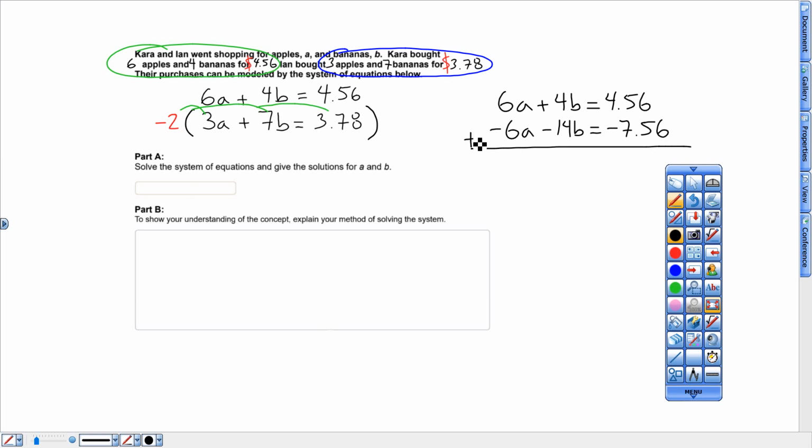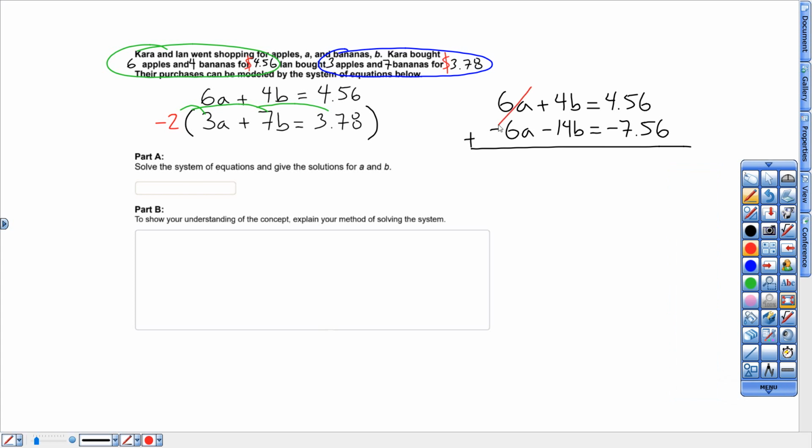Foil. Now, when I add those up, these will cancel away because they're opposites. 4 positive, -14b, with a calculator or not, -10b. 4.56 positive minus 7.56 negative gives me -3.